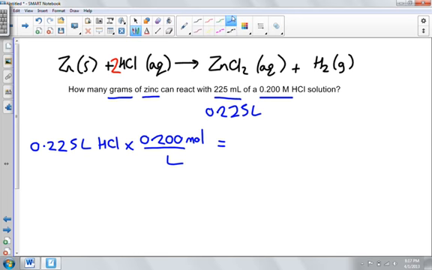I worked all this out before, and so that should be 0.045 moles of HCl.